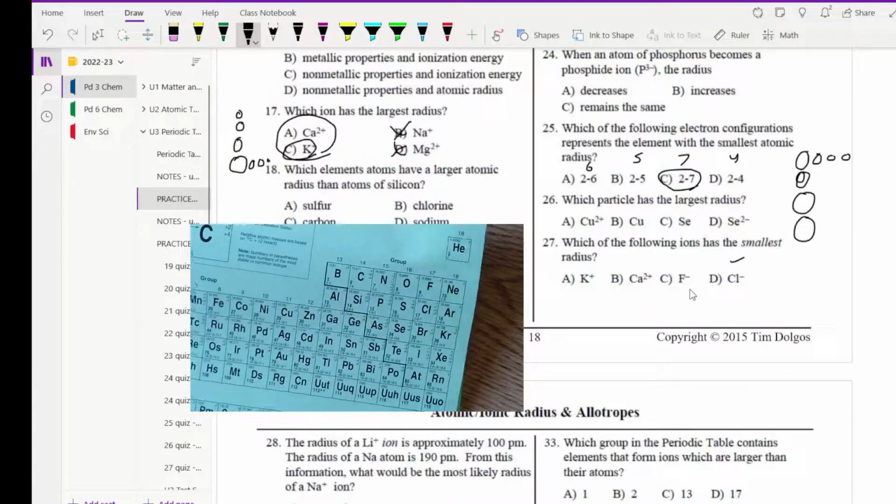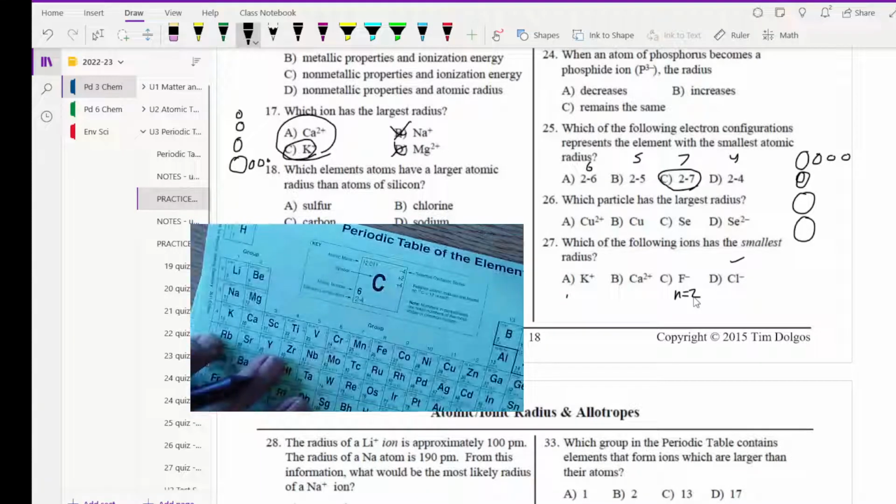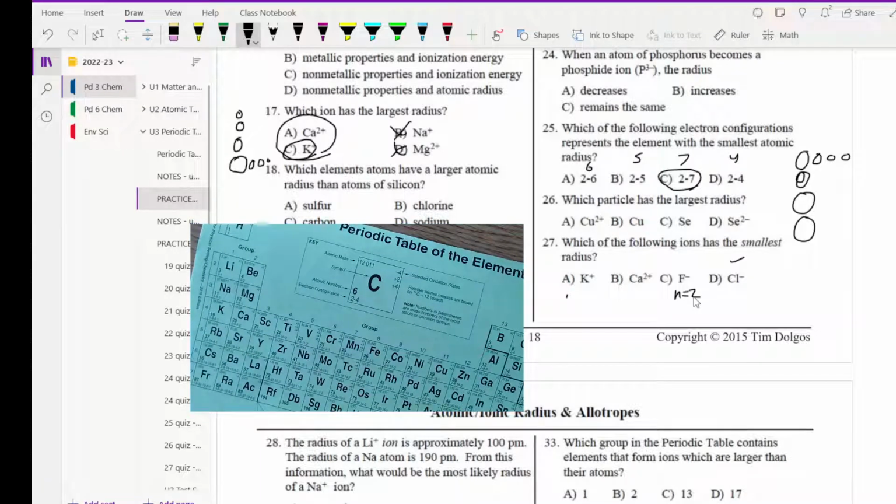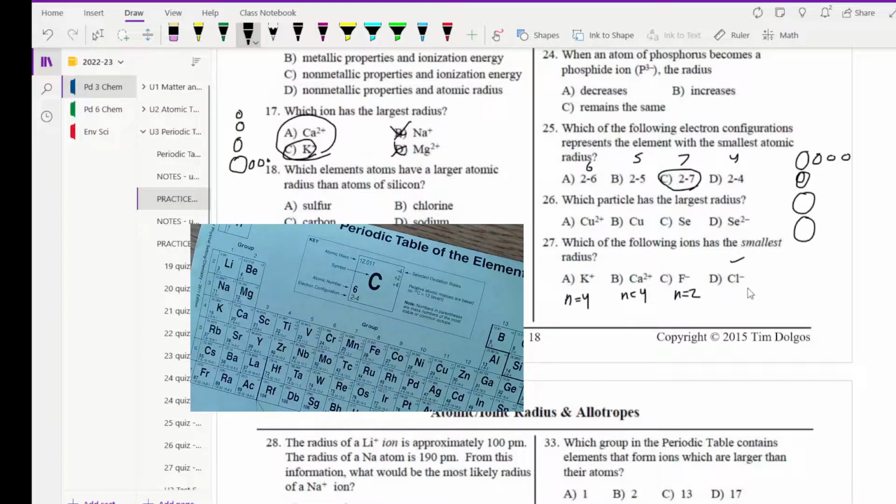We have fluorine, element 9, with 2 shells, so it's in period 2. Potassium is K, and it's in period 4, so its energy level is 4. It has 4 shells. Calcium has 4 shells, and chlorine has 3 shells.